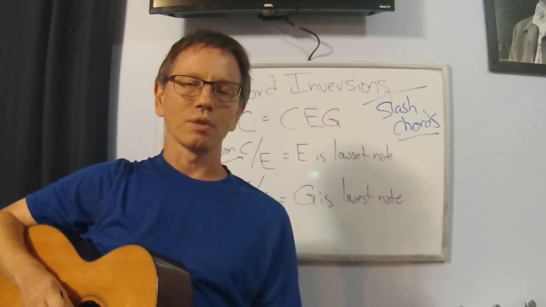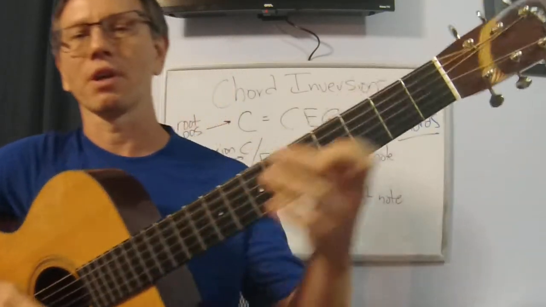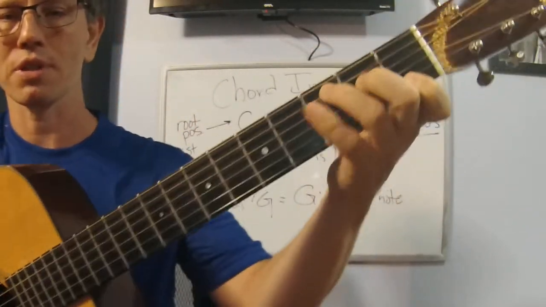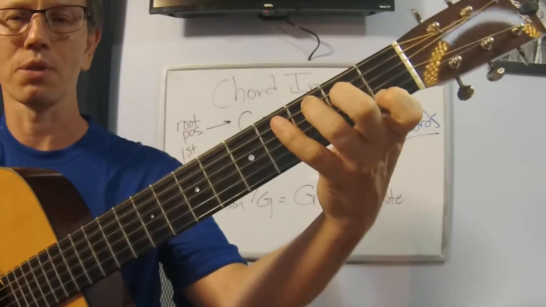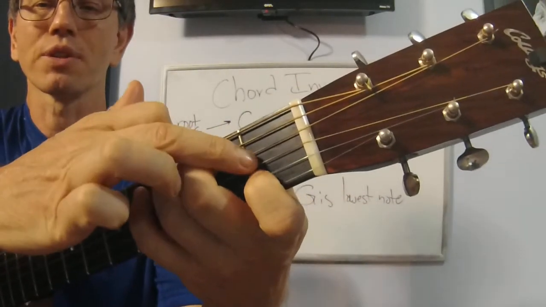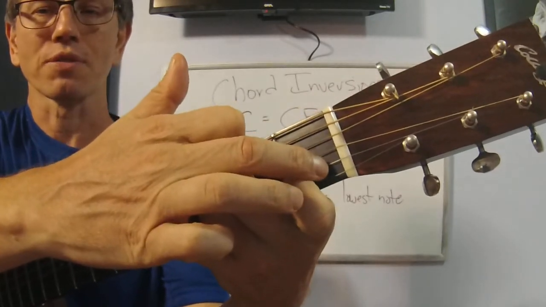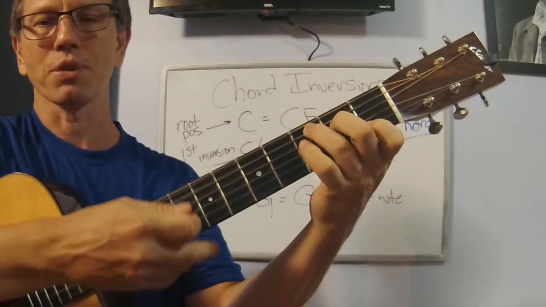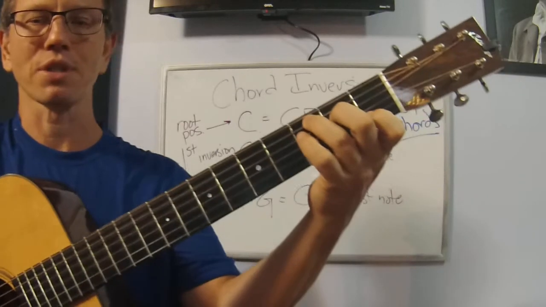If you couple basic theory with it, and all you do is find C, E, G, for example, this is a C chord. Because this note is C, that's E, the third string open is G, the first fret is C, the first string open is E. I can play C like this.